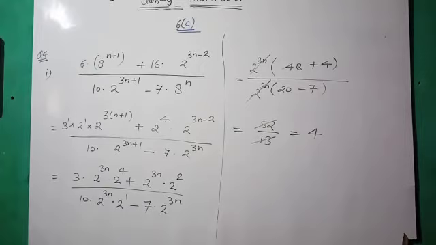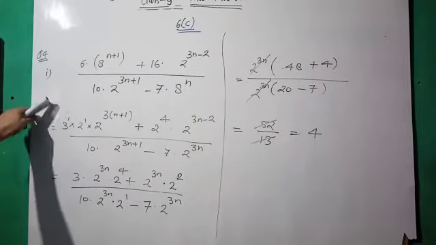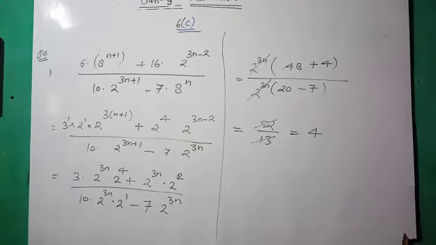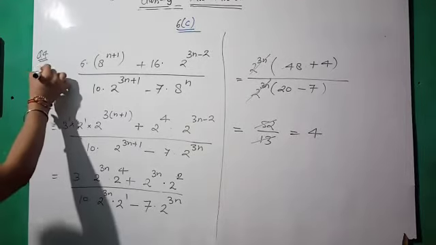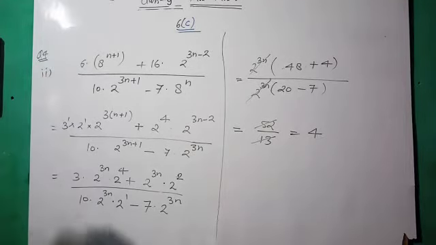Okay, you just have to prove m equals n plus 1. Now in question number 6, if you have a clear concept about the second part of this question, then you can easily solve question number 5.